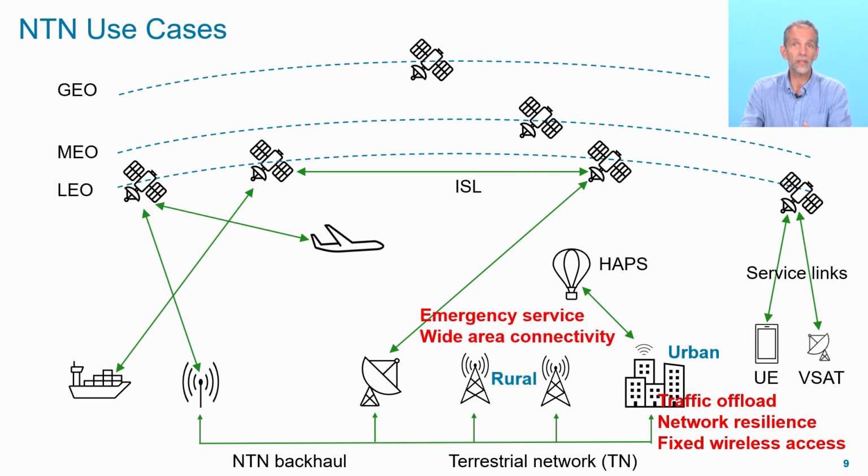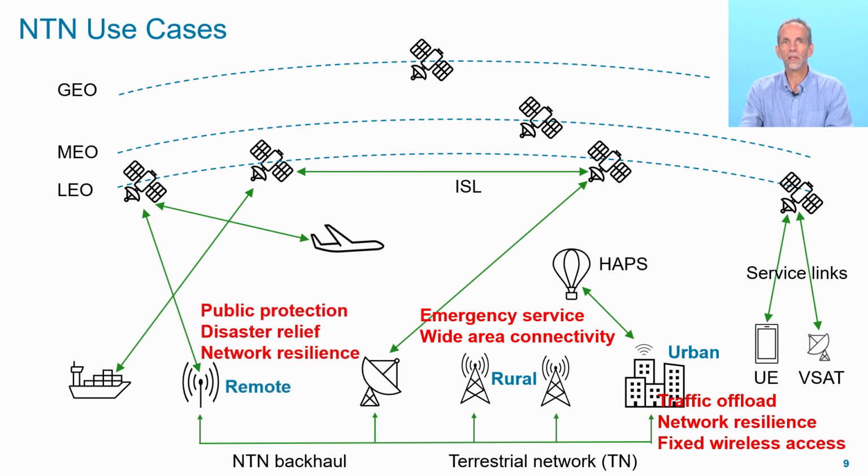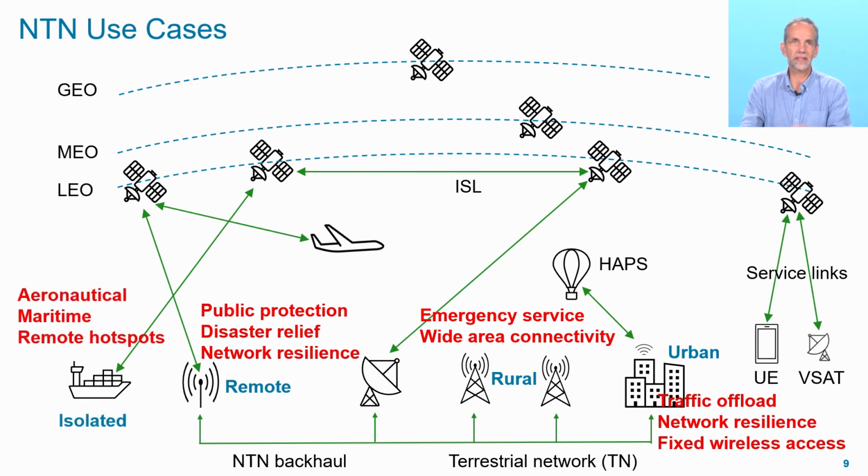In a rural environment, you would use NTNs for emergency service and wide area connectivity because there are vast areas of rural area where there is little to no terrestrial infrastructure. In remote areas, you would want public protection and disaster relief, as we spoke a moment ago. And for these isolated areas, which are aeronautical, maritime, you want to build a remote hotspot. So NTNs are used in all of these applications.